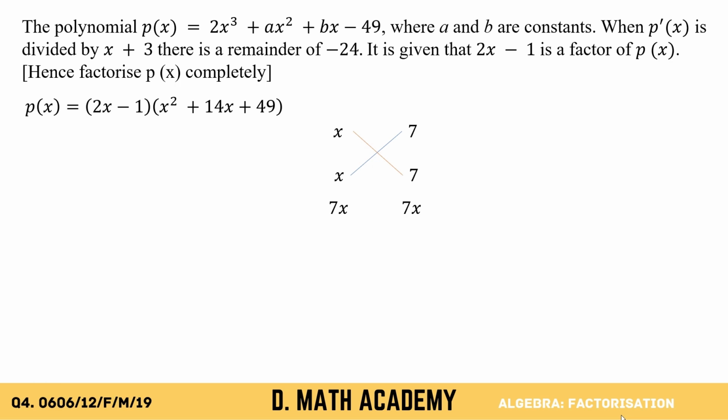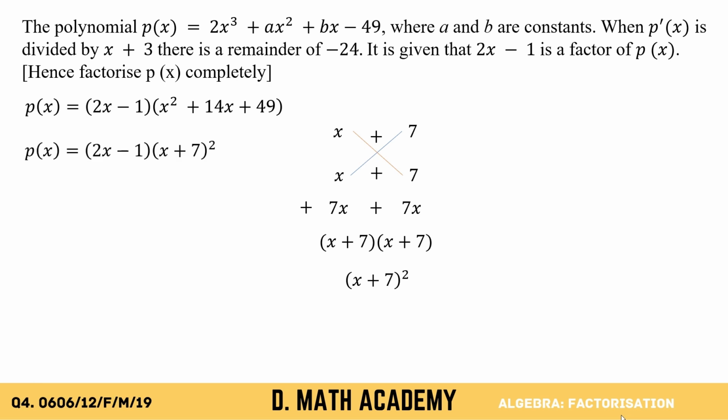Since the center value there is positive 14x, I put positive on both. Transfer it up, you will get x plus 7, x plus 7. So it is actually x plus 7 bracket squared. So your final answer, p(x) is actually 2x minus 1, x plus 7 squared.